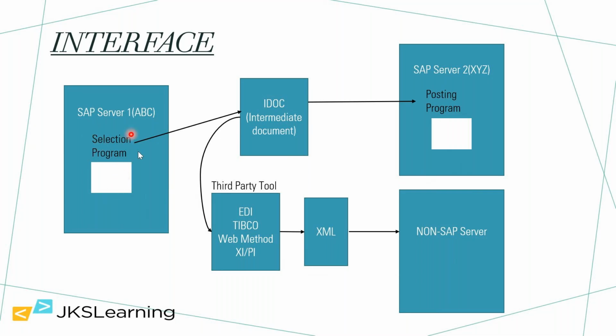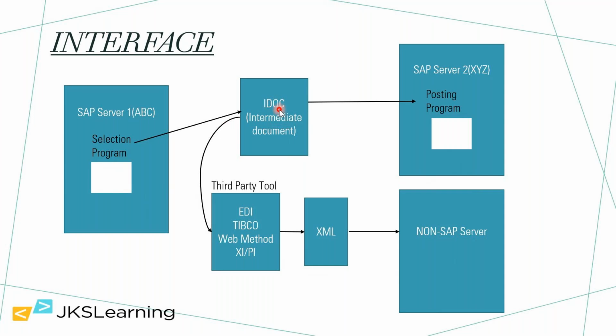There is something called a selection program. I'll not go into technical detail. The selection program will take these order details and create an IDOC. IDOC is nothing but an intermediate document which holds the records we received in the form of an order.